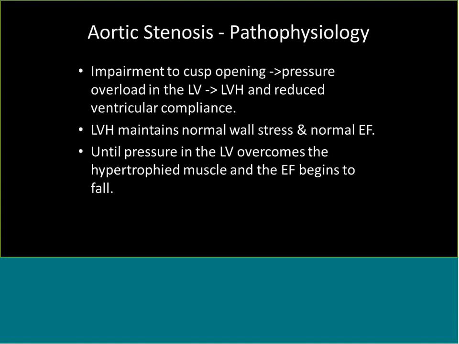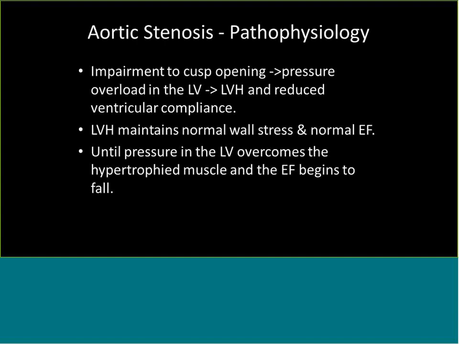Pathophysiology for aortic stenosis: there's impairment to cusp opening, and there's pressure overload in the left ventricle. So there's left ventricular hypertrophy and in turn reduced ventricular compliance. This is our body's compensatory mechanism trying to overcome this impairment to cusp opening and outflow.